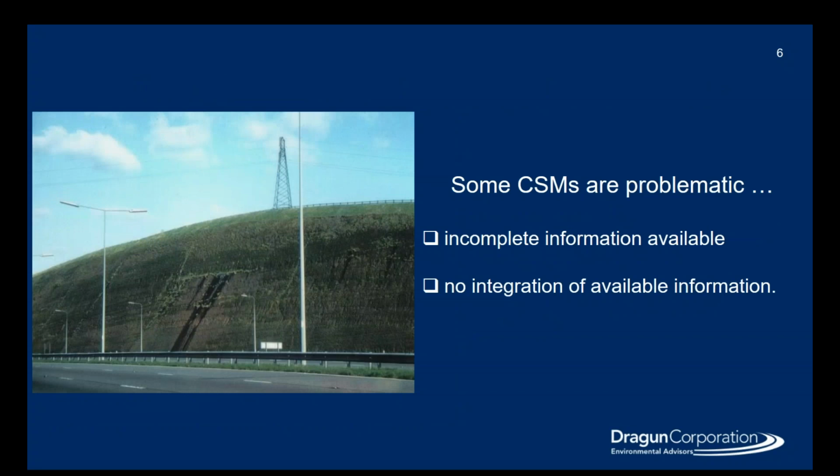This is another site that is another indication of a problematic CSM. At this site, if you didn't see this picture, you might be drilling all over the place and not understand where the water is flowing.